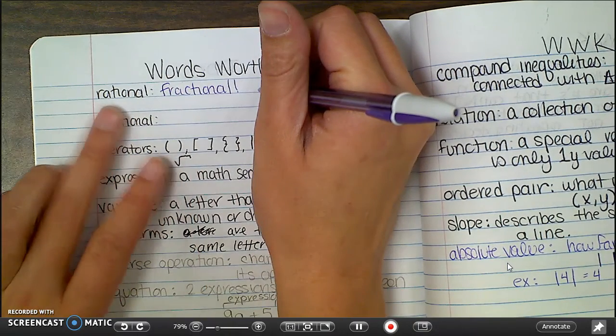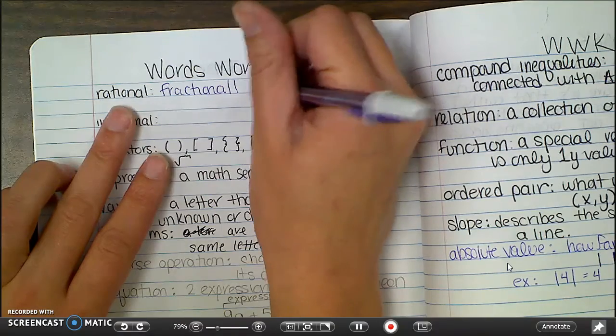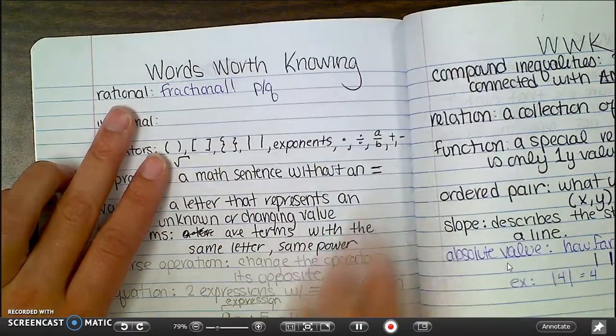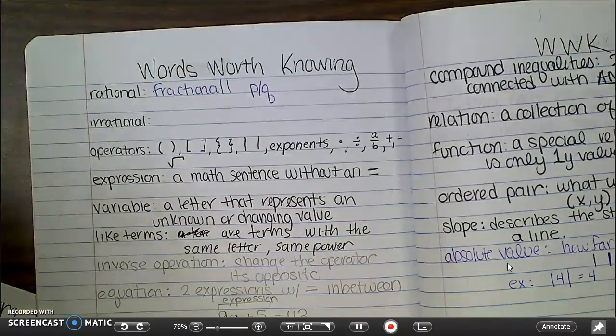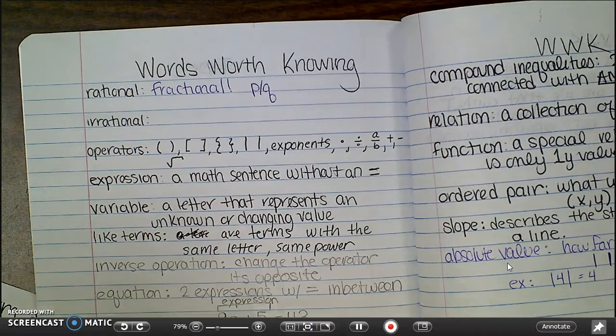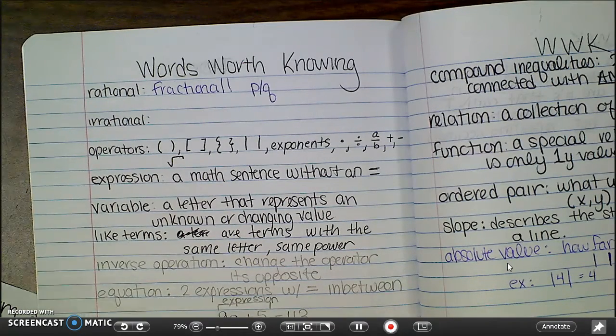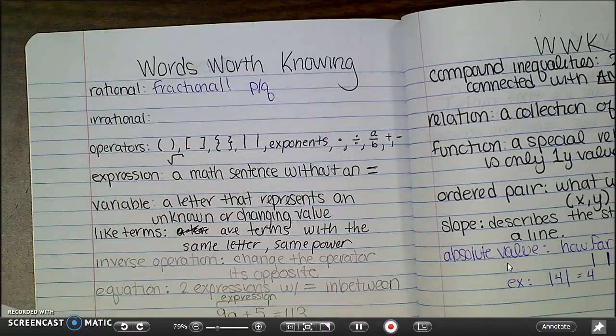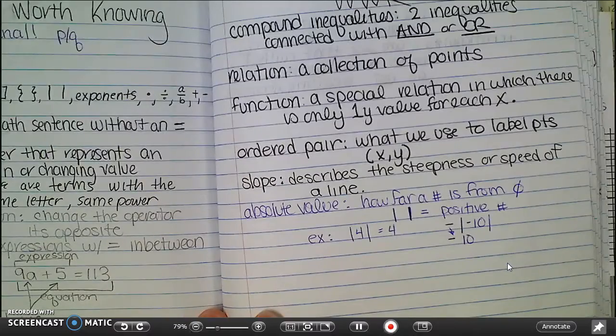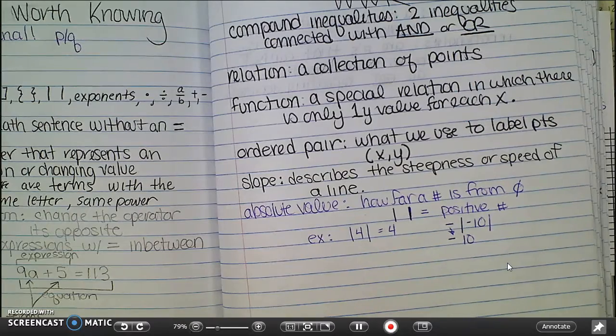So if I'm writing something rationally, I'm writing it as a fraction. So we're going to be looking at exponents that are rational numbers, so exponents that are fractional, which is kind of weird, and we've had a few of those already. You probably noticed a few on your quiz. And what we're going to be doing is rewriting them in root form.